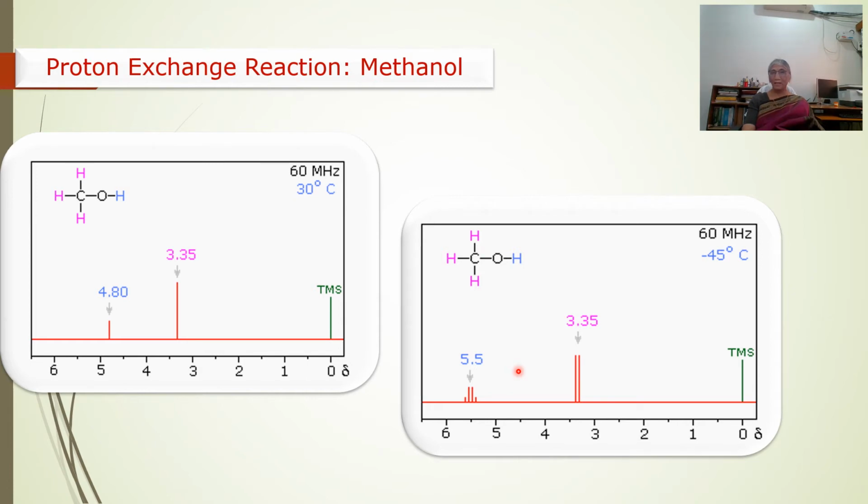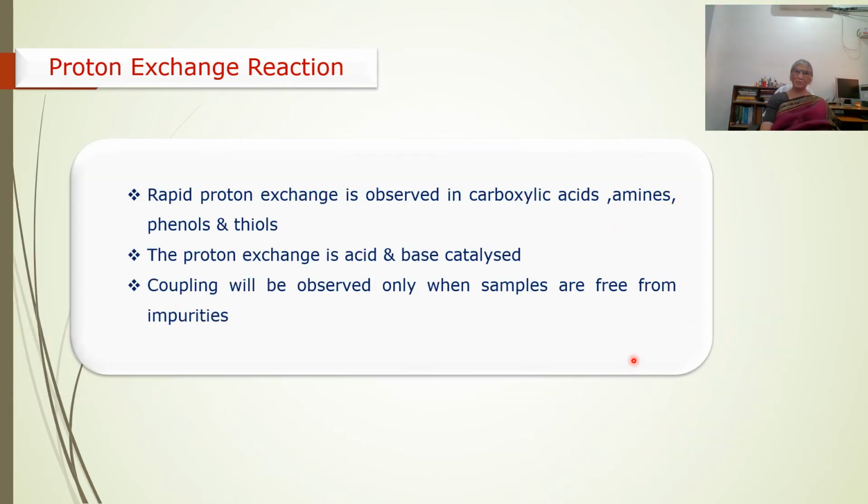And similarly, the methyl protons also couple with the hydroxyl proton and a doublet is seen for the methyl protons at 3.35 ppm. Rapid proton exchange is observed in carboxylic acids, amines, phenols and thiols.